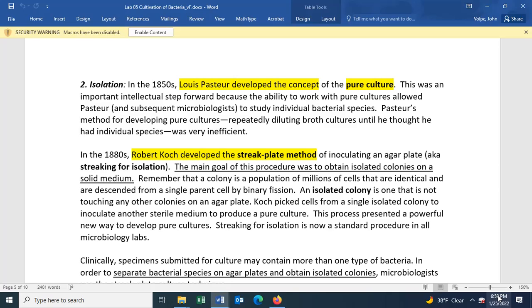So you need to streak a second time for isolated colonies on a second agar plate before you can say that you have a pure culture. And even then, it's not 100% guarantee, but it is greater than 95% chance that you will have a pure culture.